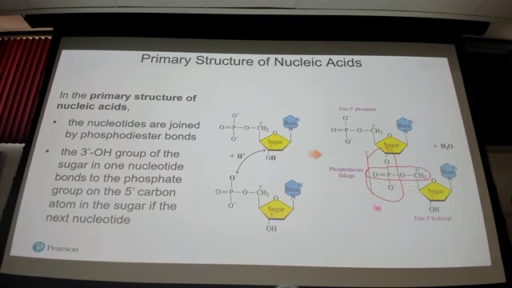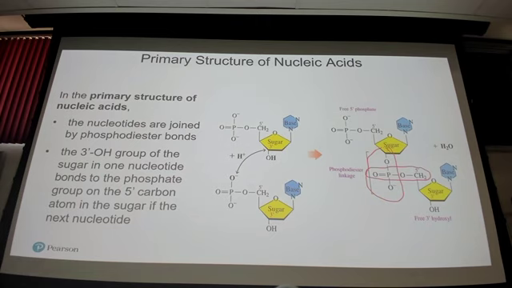This nucleotide also forms a bond with the 3' carbon on the sugar moiety of the nucleotide next to it. I've circled the 2 phosphodiester bonds. Here's one of them, and here's the other one. That's why it's phosphodiester, meaning 2 ester bonds. Any questions about that bond?